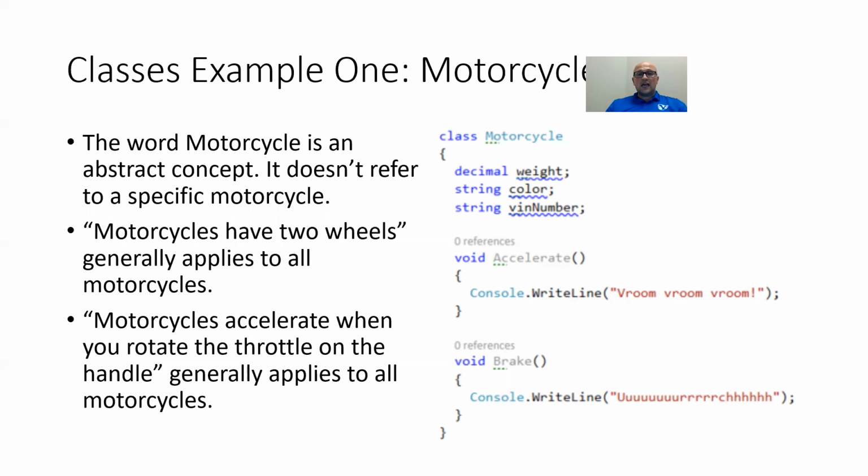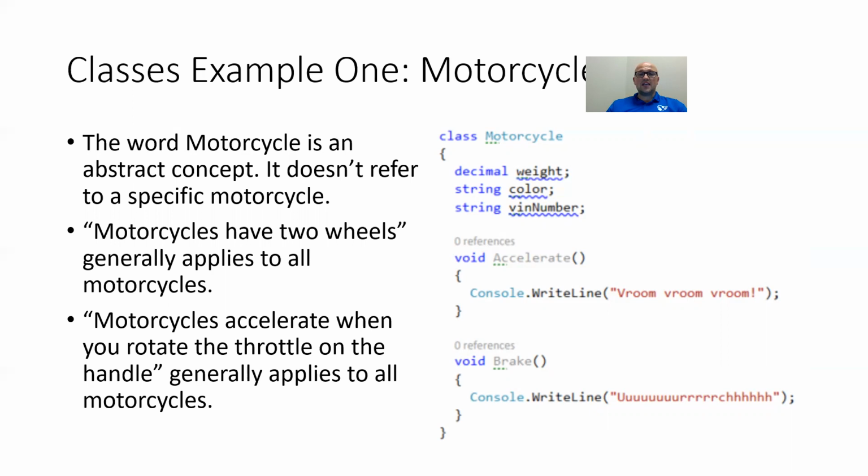You can see the word class, you can see the word motorcycle. And just like functions or if statements or loops, classes are contained within curly braces. So you can see directly after the class and motorcycle keyword an opening curly brace, and then down at the very bottom of the slide, you can see a matching closing curly brace.